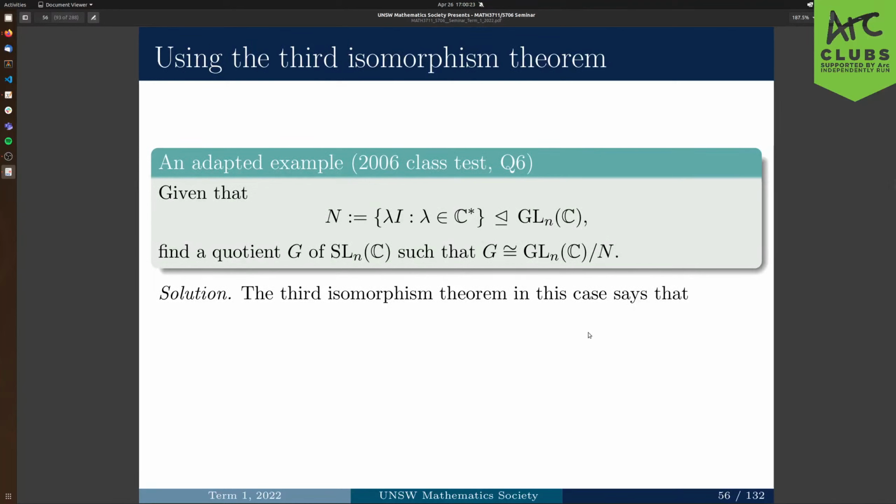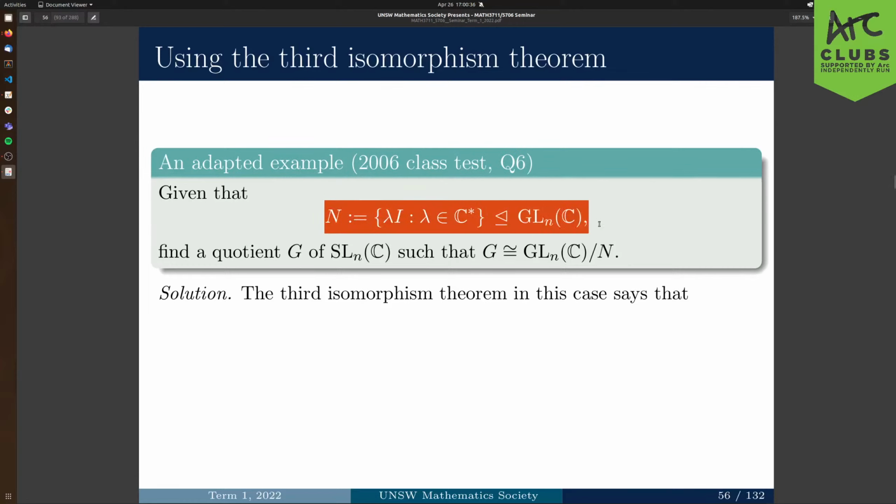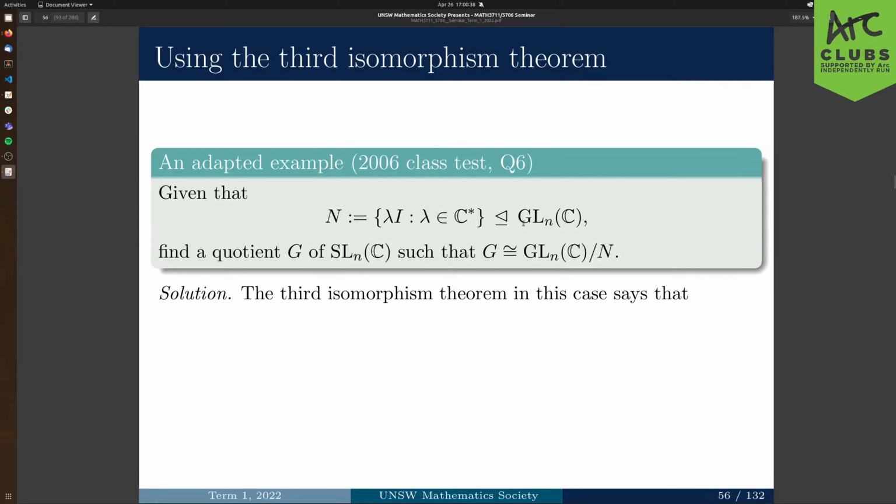So, final thing I'll do before I hand over to Bruce is I will go through an adapted example from one of the really old class tests. So this is not exactly how the question was presented. The original question also wanted you to prove this thing that I'm just going to give you for free, which is that if I'm working with GLN of C, and I look at this subgroup of all of the scaled identity matrices by some non-zero complex number lambda, this actually ends up being a normal subgroup.